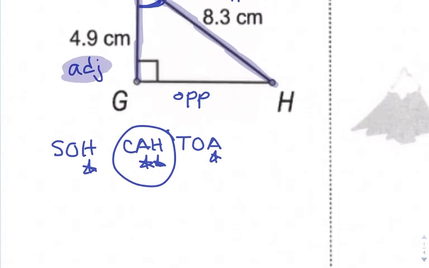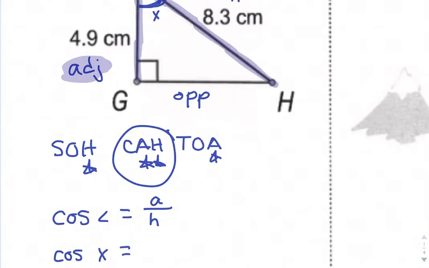The formula for cosine was cosine of your angle equals adjacent over hypotenuse. So let's fill in the blanks. Well, I don't know what my angle is, so I'm going to put an X where my angle is. The adjacent side is 4.9 and the hypotenuse side is 8.3.